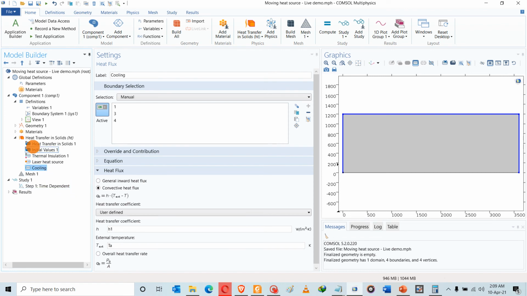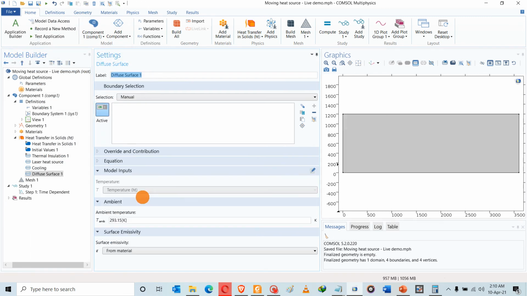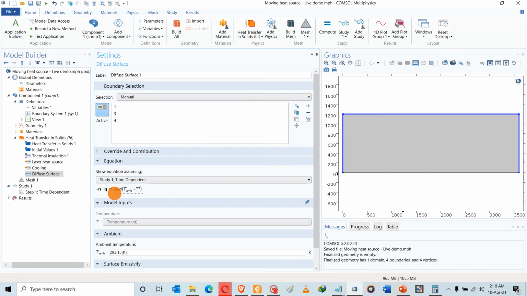And then the surface is also losing heat via radiation on all these boundaries except the bottom boundary. And there's the equation there. Expand this node. So the parameters to include are the ambient temperature T and the emissivity.